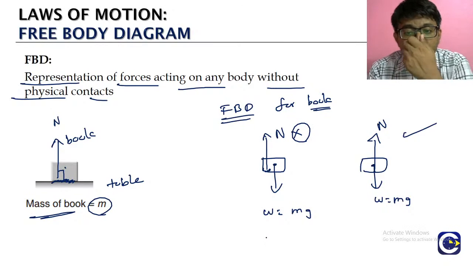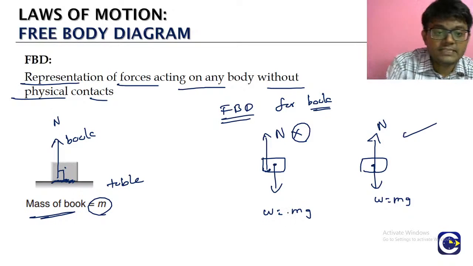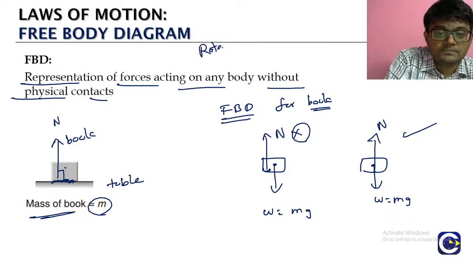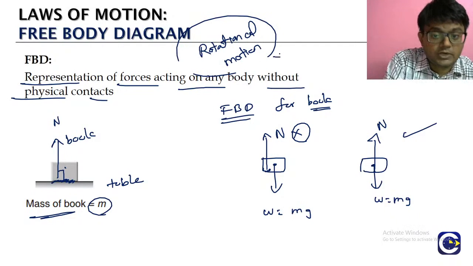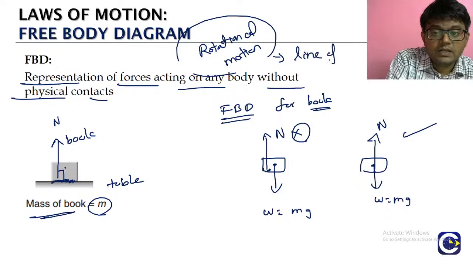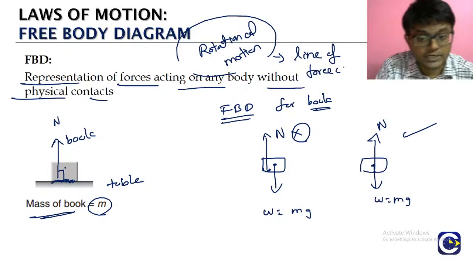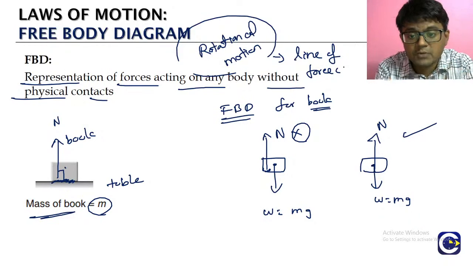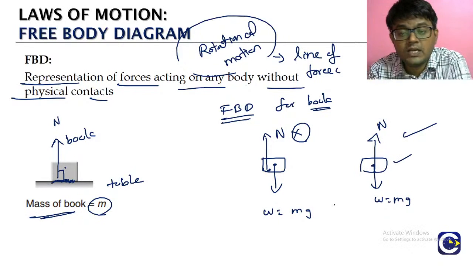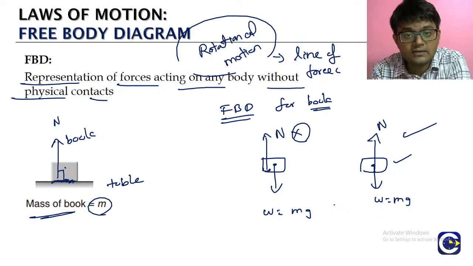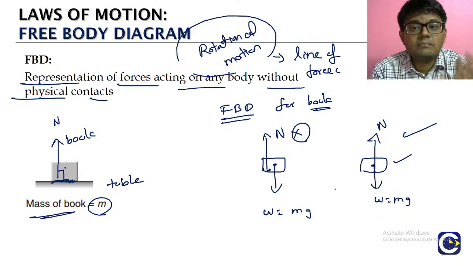But when we go to the next chapter, not work energy power, when we go to rotational motion, there the line of force will be very important. The line in which the force is acting is going to be very important. So at least for free body diagram problems, whether you show the normal reaction like this or along the same central line, these two will not make much of a difference.